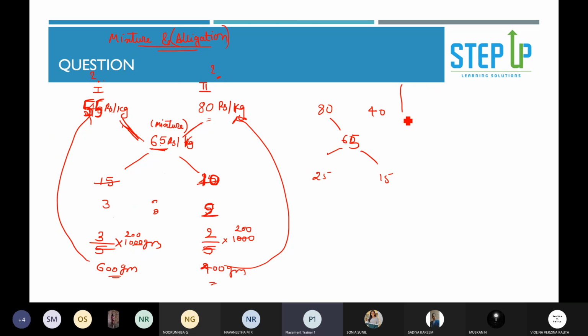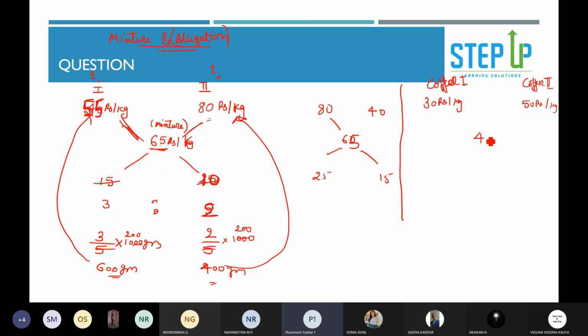So let's say the price is 30 rupees per kg, and let's say it is coffee type 1, and coffee type 2 is of 50 rupees per kg.